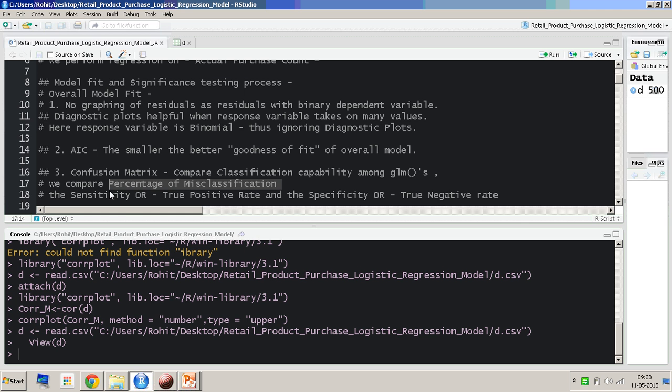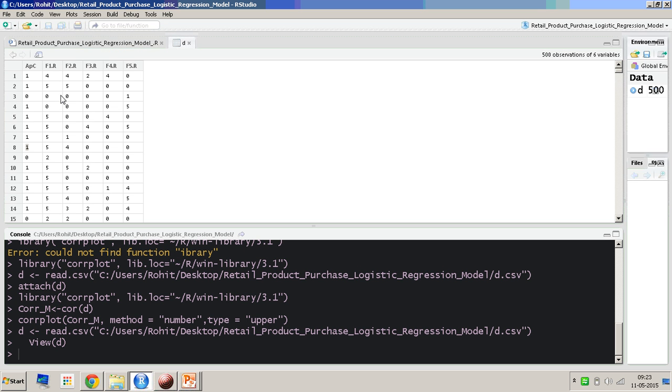So basically what happens is, if a model looks at all of these variables, let's look at row 1, and the model says I'm looking at these variables, one is 0, one is 4, another one is 2, then there are again 2 4s over here, and the model says that I am predicting 1, which means that a customer who has rated these different features in this manner will purchase that particular product.